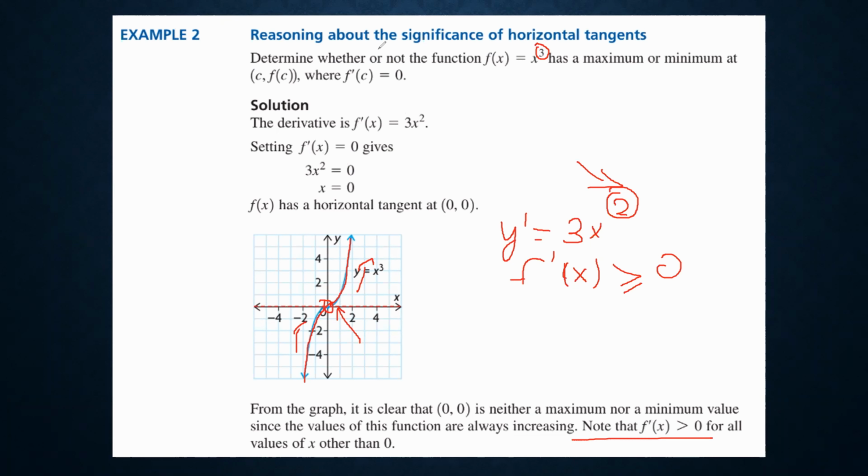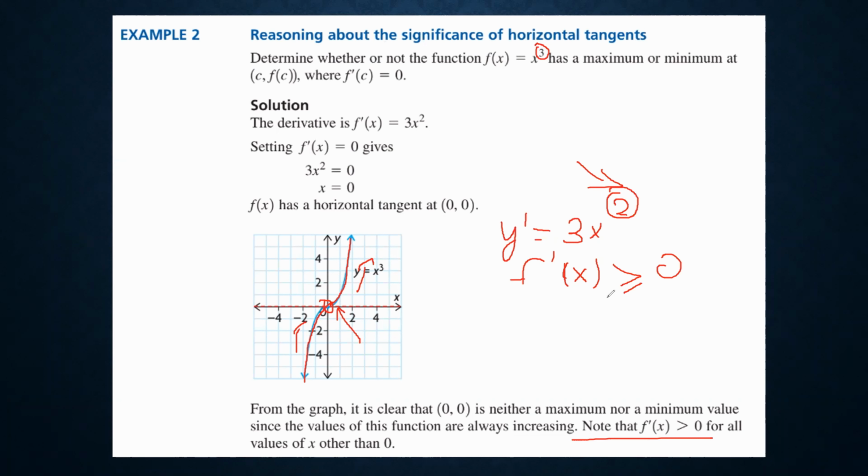Can I ask, the horizontal tangent at (0, 0), is the critical point our horizontal tangent? Yes. Our critical point is (0, 0). Our critical number is x equals 0.